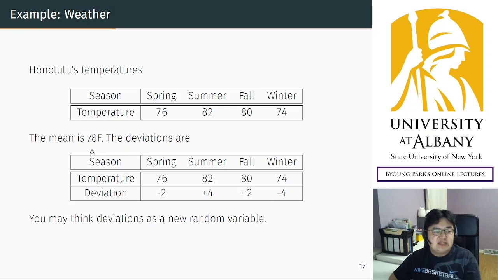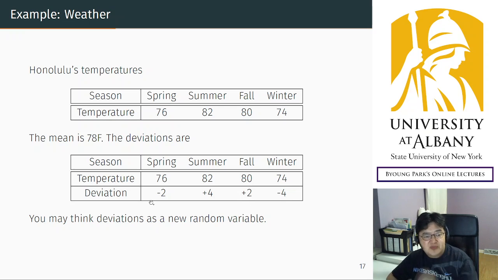What is not included in the mean is the differences, right? So subtract 78 from each of the observations. 76 minus 78 is minus 2, 82 minus 78 is plus 4, 80 minus 78 is plus 2, and 74 minus 78 is minus 4.